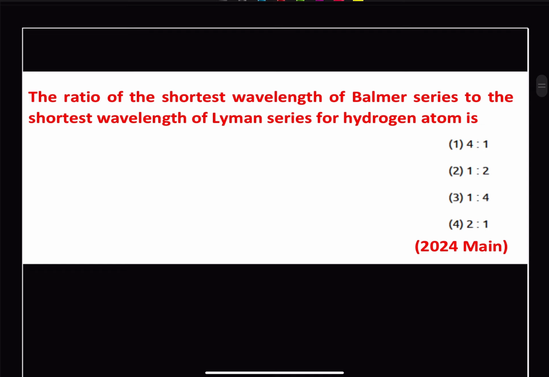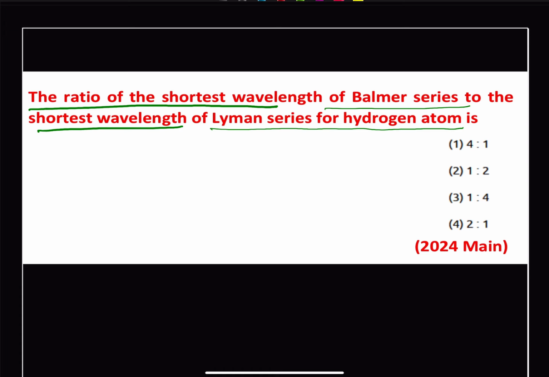It states that the ratio of the shortest wavelength of the Balmer series to the shortest wavelength of the Lyman series for the hydrogen atom is. So same question, but in this case it is being asked as a ratio. And for the Lyman series it is asking for the shortest wavelength.